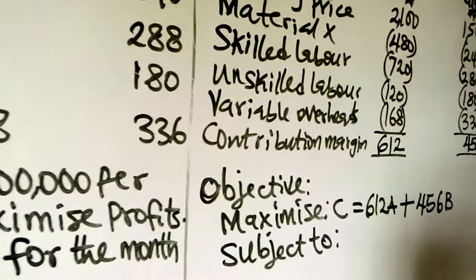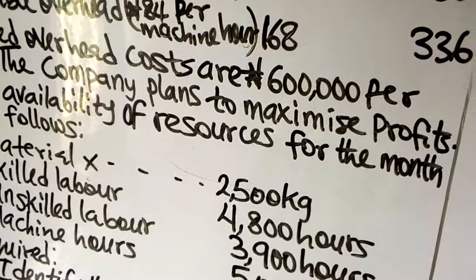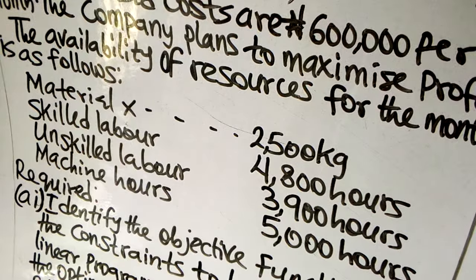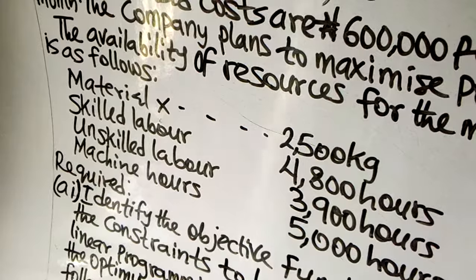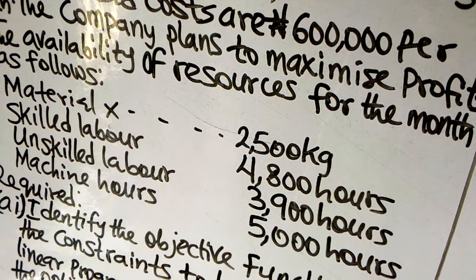Constraints are the limiting factors. What are the limitations of this organization? You were told the availability of resources for the month. Material is limited to 2,500, that is the maximum materials available.